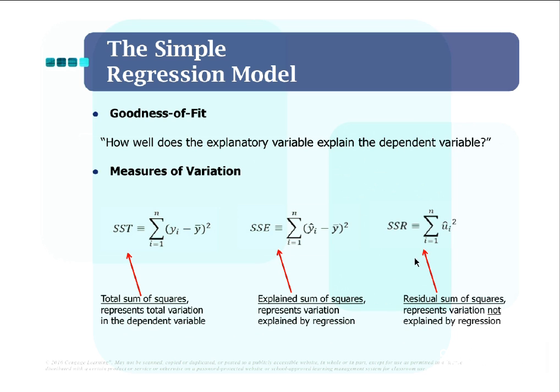And for the rest, the residual sum of squares is the sum of squared residuals. It represents the variation that is not explained by the regression, or not explained by x.